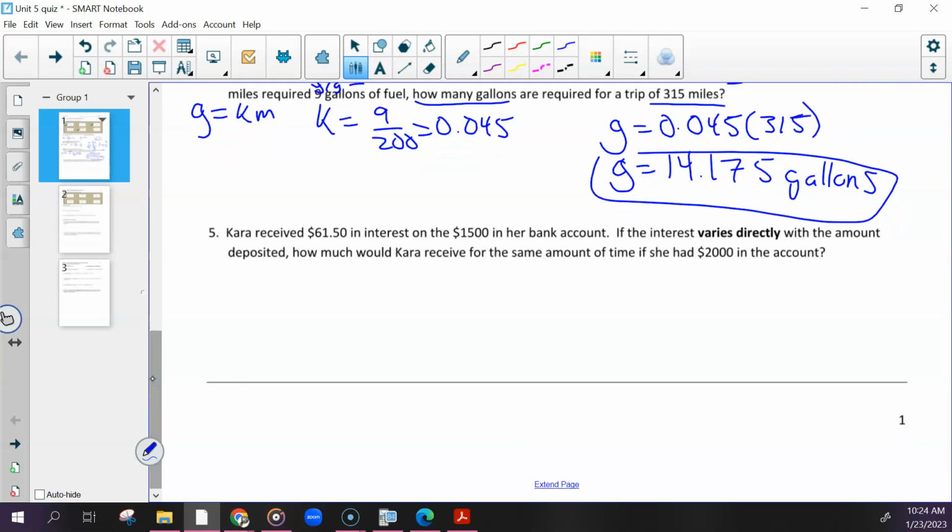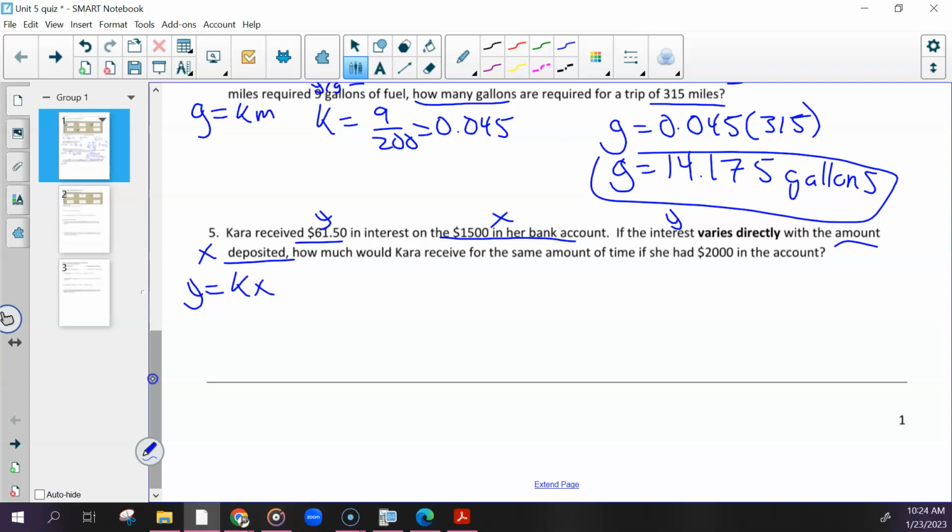For number 5, we know these two numbers are important. In the next piece, it says the interest, so that would be like your y, varies directly with the amount deposited, that'd be your x. So your original equation, if you change the variables, if you left them the same, doesn't matter, still put y equals kx.